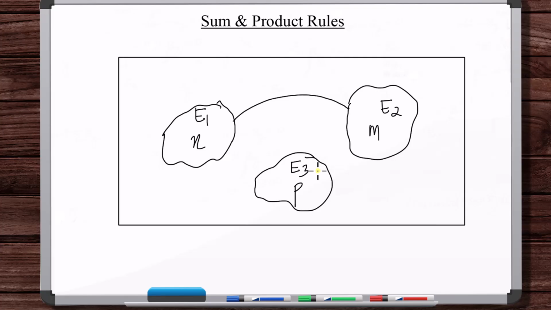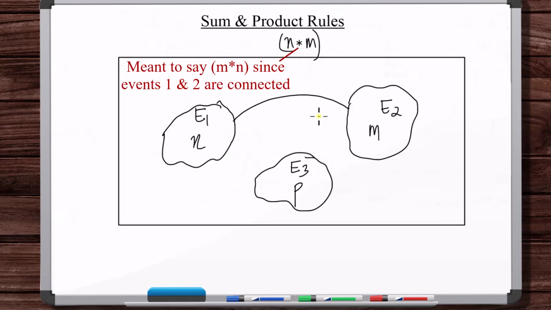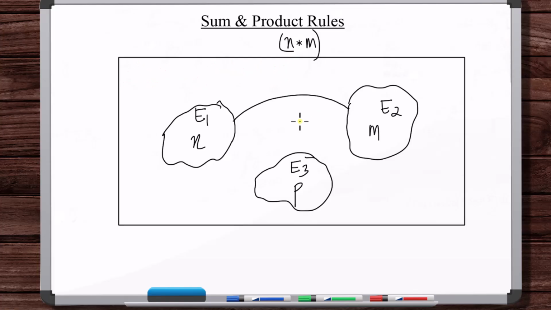So if you look at E1 and E2 as one event that can occur n times m different ways, and another event can occur p different ways, then the total number of ways that the first event or the second event can occur is n times m plus p.